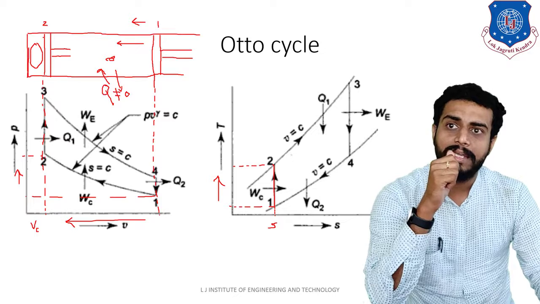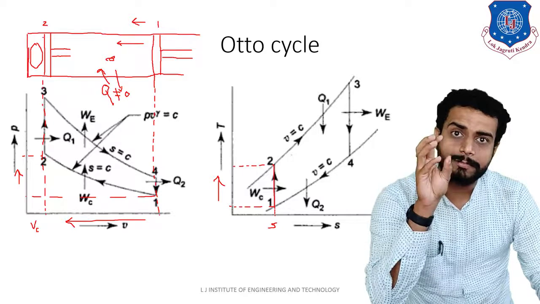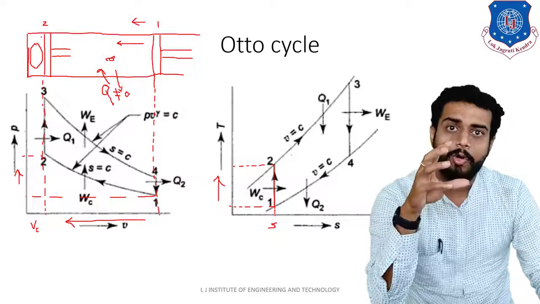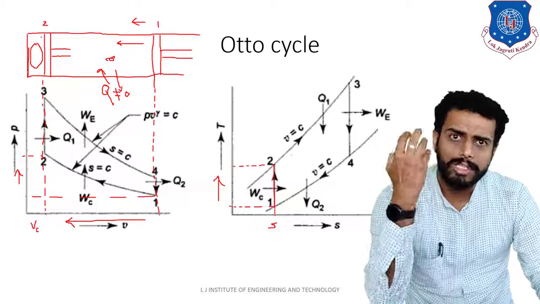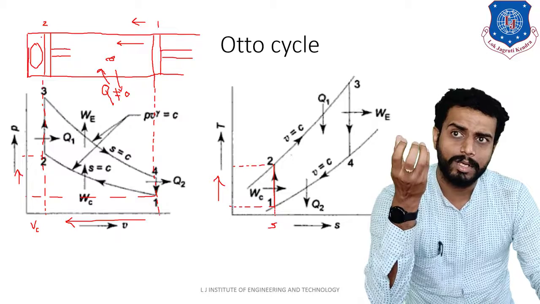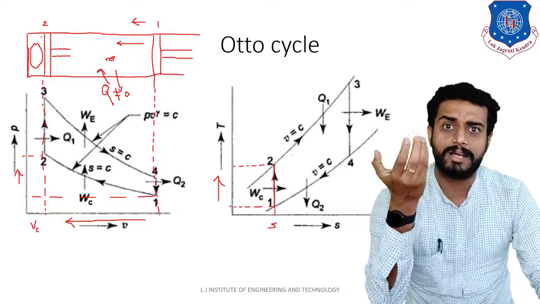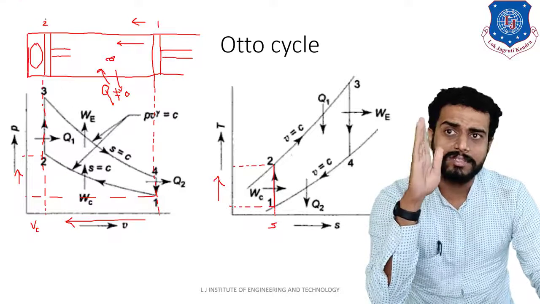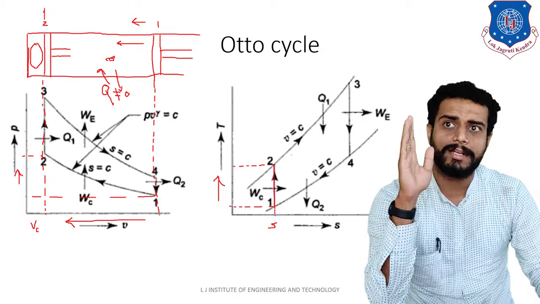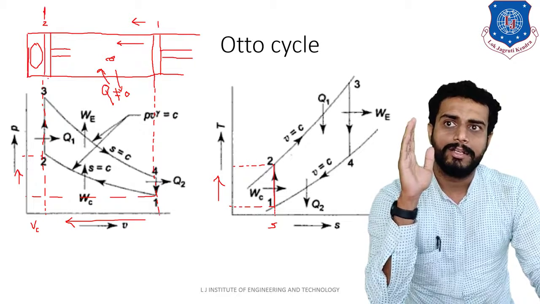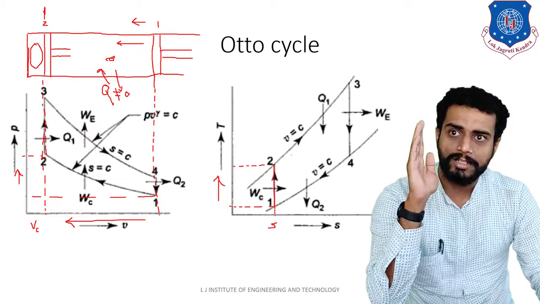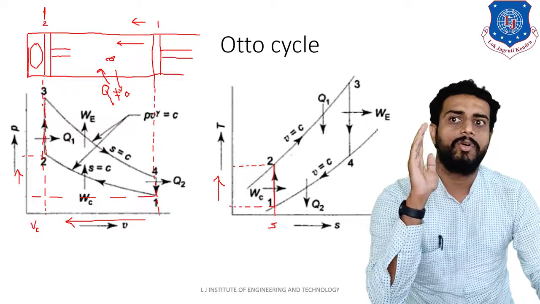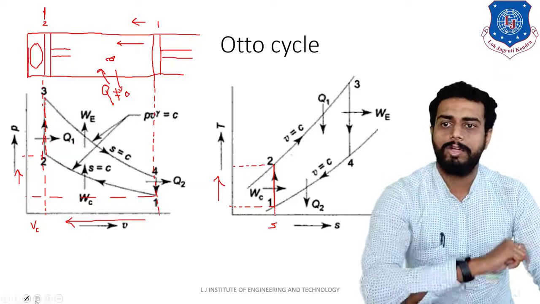As soon as the spark is produced, the whole fuel air mixture will combust, all the particles present in the cylinder cavity. During that process, your piston will remain at inner dead center, in the same position. That is why during 2 to 3, the volume is not getting changed.